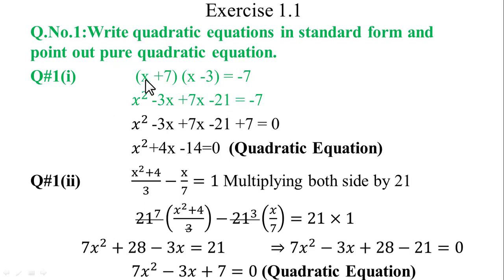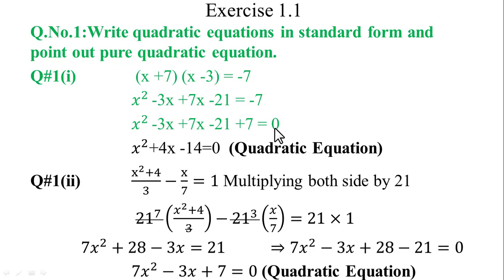Because x multiplied by x is x square, x multiplied by minus 3 is minus 3x, plus 7 multiplied by x is 7x, and plus 7 multiplied by minus 3 is minus 21, is equal to minus 7. Now we rearrange the equation: x square minus 3x plus 7x minus 21 plus 7 is equal to 0.